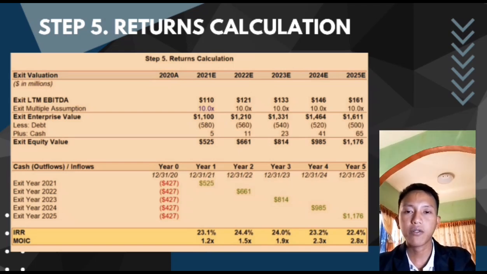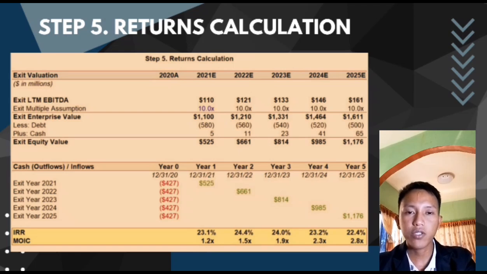To calculate the exit equity value, simply subtract the debt from the exit enterprise value and add the cash. So in the year 2021, 1,100 minus 580 plus 5 is equal to $525. In 2022, 1,210 minus 560 plus 11 is equal to $661.